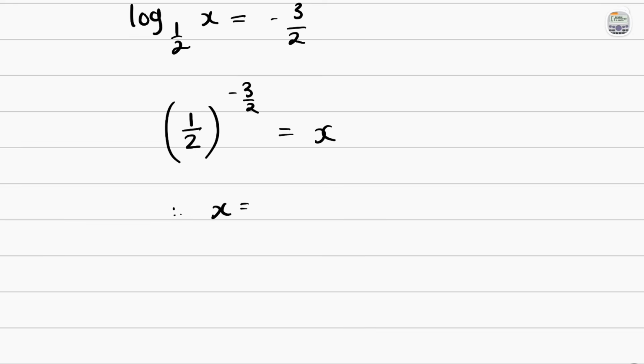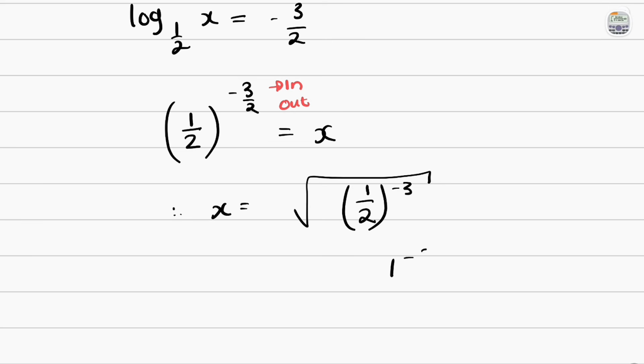So it works like this. We'll take the inside exponent over the outside exponent. So as a surd, the outside exponent was a 2, meaning it's a square root. And then the base that we have is 1 over 2, and the inside exponent was a negative 3. If you raise 1 over 2 to the power of negative 3, you're going to get 8, because of what happens with the negatives.